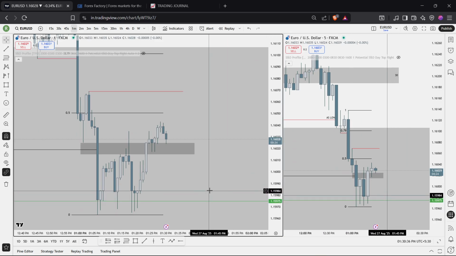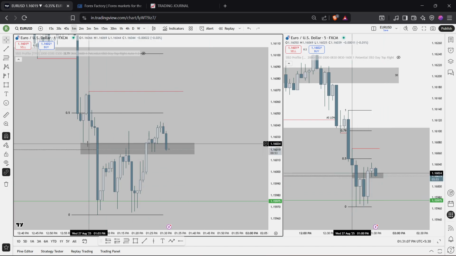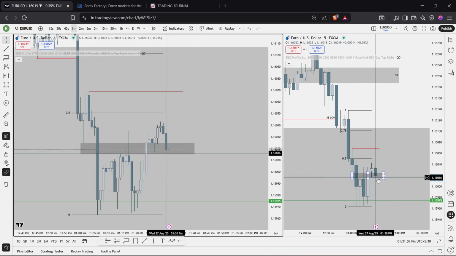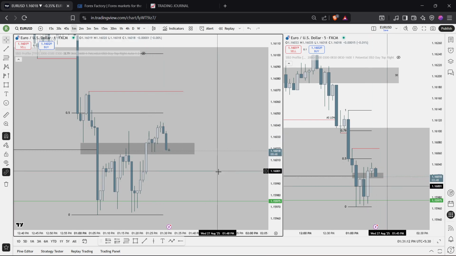Below this FVG will be the first SL, 151. That's it. If I get one more sweep here, I will enter one more. So I've entered the trade based on this 5 minute pullback to change the state in the 1 minute time frame.